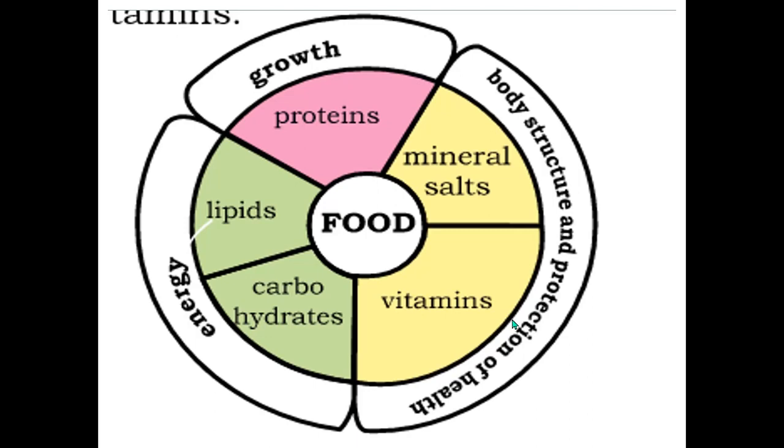If we are having proper protein in our diet, it will help us to grow. It is our duty to have proper protein in our food, which helps us to grow.